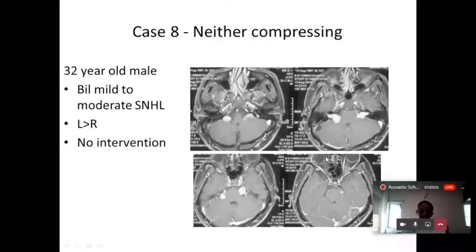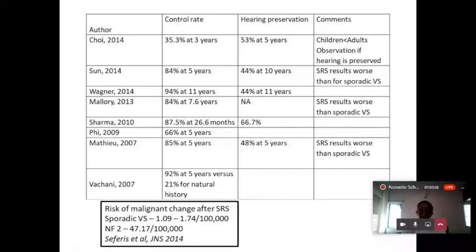So this is literature on what to expect with radiosurgery for these tumors. What is seen from the control rate is that it is slightly worse than what is to be expected following radiosurgery for sporadic or unilateral vestibular schwannoma. It's not too bad, but still the control rates are lower, 66% for example in this series.